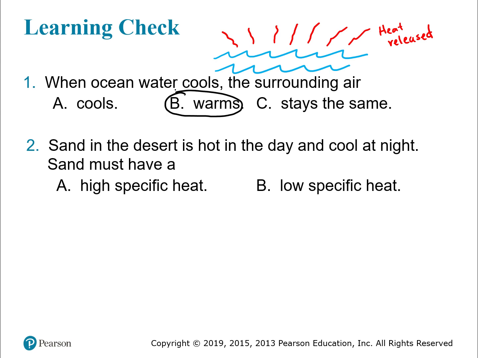And what specific heat measures is how much energy it takes to increase the temperature of 1 gram of substance by 1 degree Celsius. The more energy it takes, the higher the specific heat. Since sand changes its temperature pretty readily, it must have a low specific heat. It doesn't require a lot of energy to increase the temperature of sand.